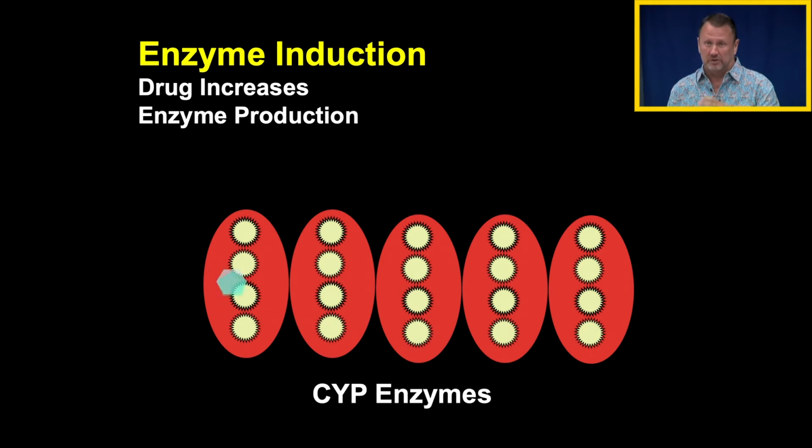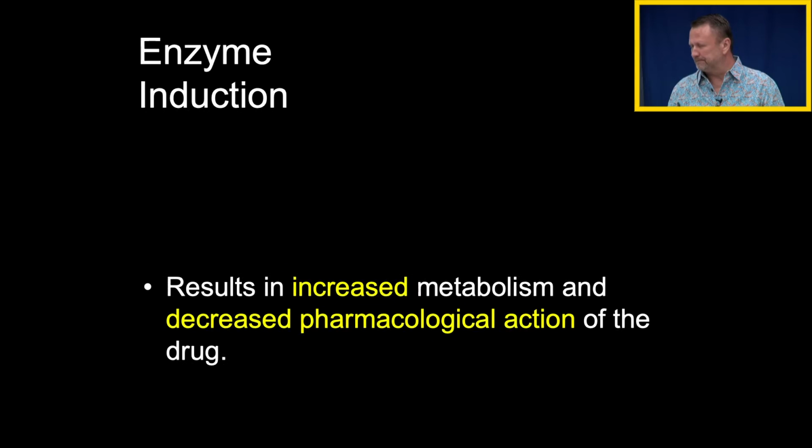That activity of the drug is going to decrease because there's more garbage disposal getting rid of the drug, and that applies to all the other drugs that rely on this disposal system. And so if we give somebody an inducer and speed up all the CYP enzyme system, then we're going to end up with less drug activity.